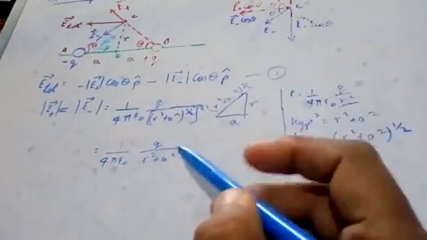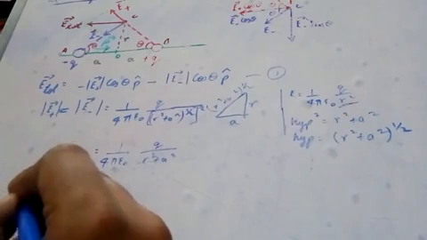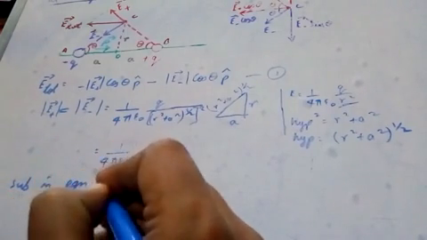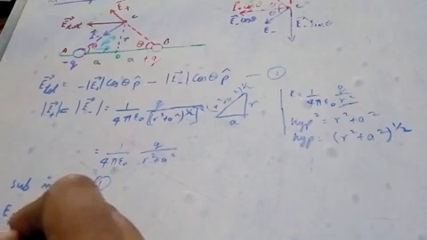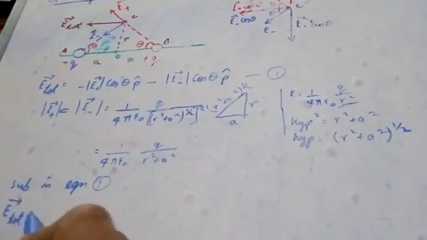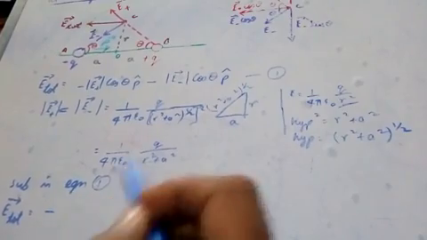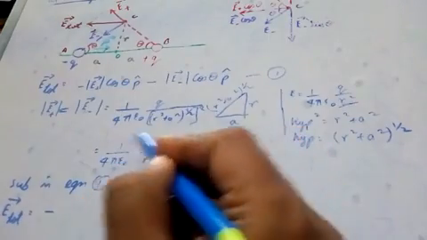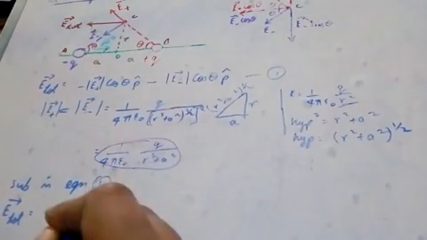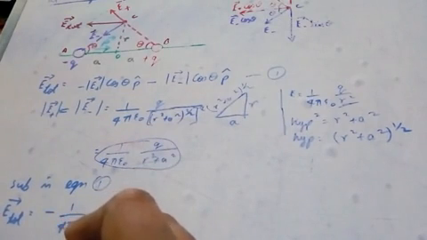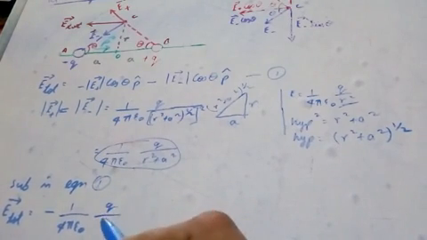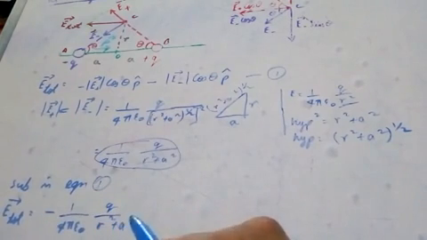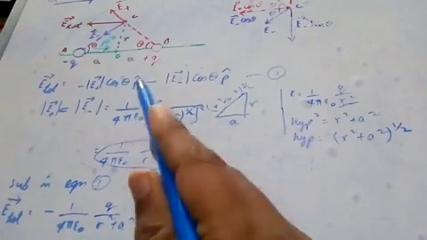We'll take equation 1 and substitute these values in it. So the total electric field E total will be equal to minus of E plus cos theta, and I'll write that value here: 1 by 4 pi epsilon naught into q by r square plus a squared, and then we have cos theta and p cap.